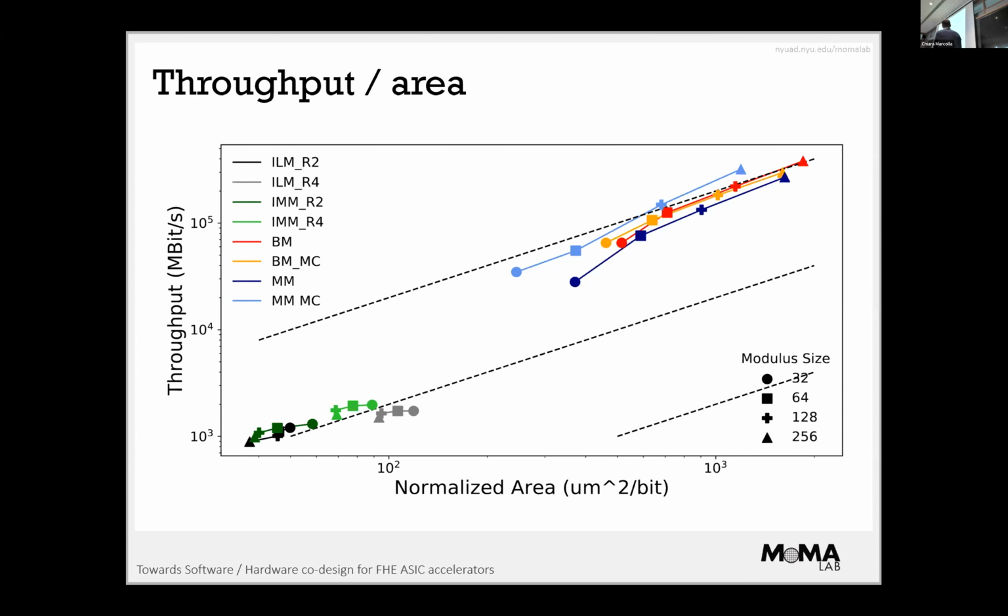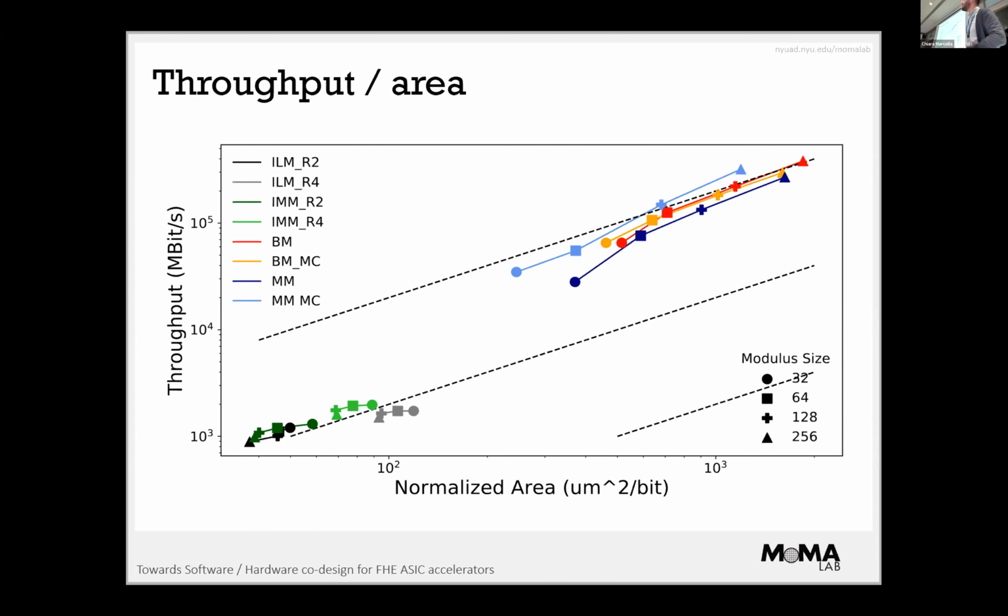What seems to be the case? Well, the Montgomery modulus constraint, actually that's what the F1 paper is using, seems to be the highest performance, followed by the Barrett multiplier. And we employed the Barrett ourselves because of other reasons that I'll discuss. So that's in terms of throughput for the area. Is frequency normalized for both?